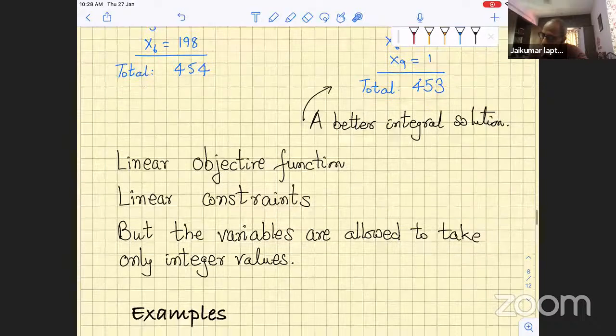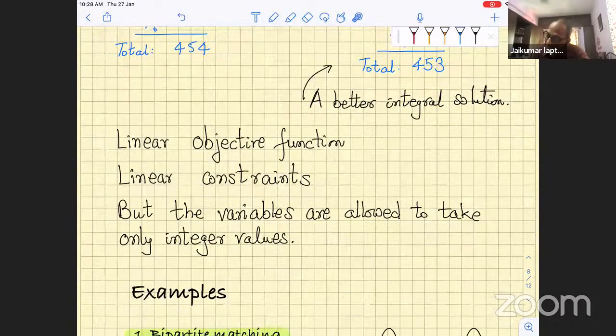So what happened now? We had a linear objective function. We had linear constraints. There was no mistake in those things, but we allowed the variables to be fractional in formulating it as an LP. And it may be that we actually wanted integral solutions.